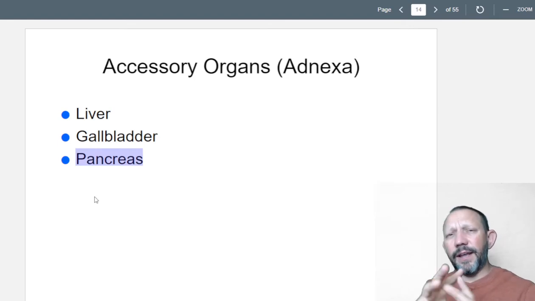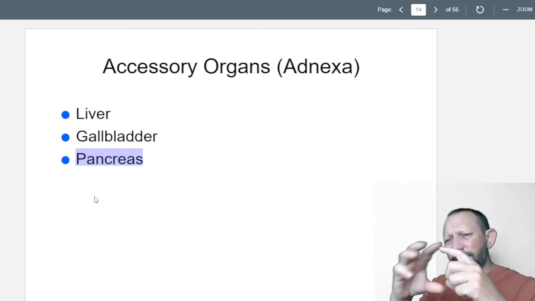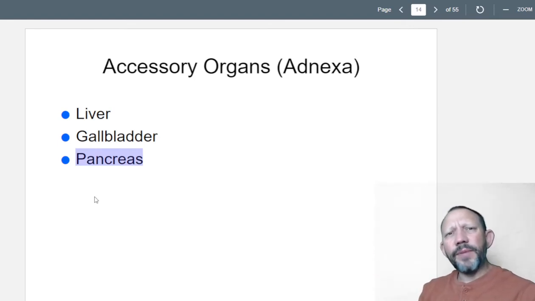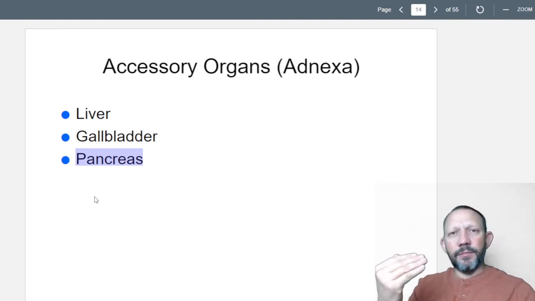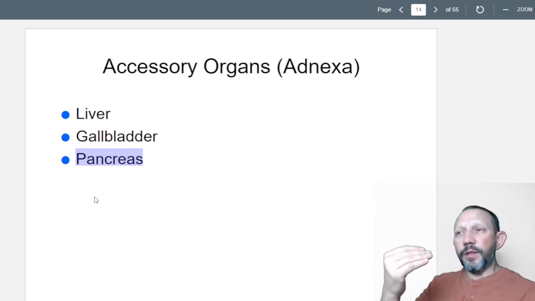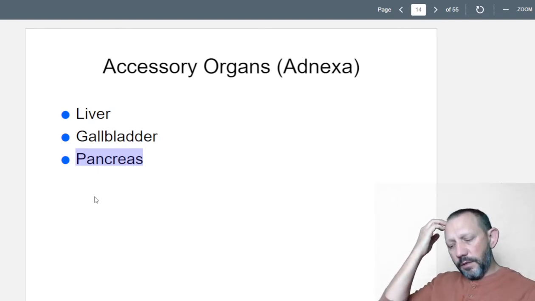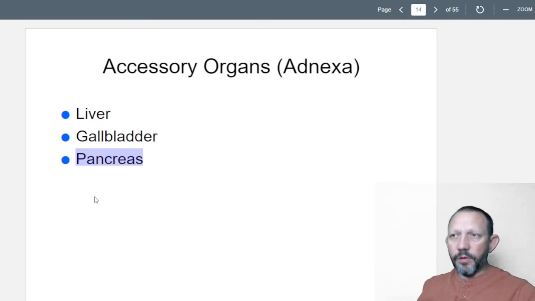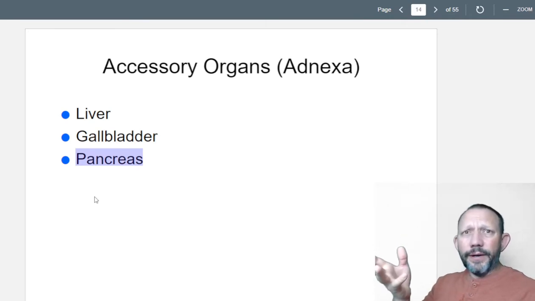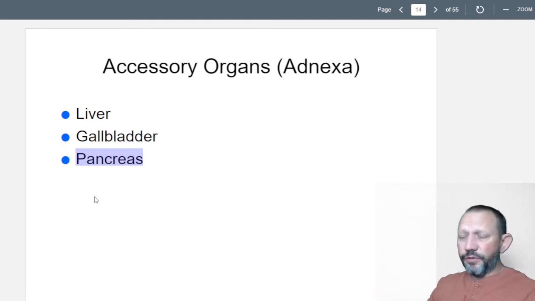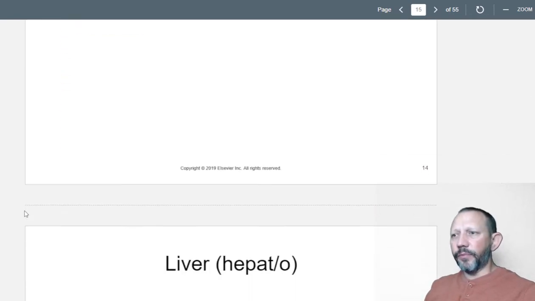It's a little fatty-looking thing, a long triangular shape attached to the duodenum. It joins up with the gallbladder, the vesicle is what it's called. Vesiculitis would be like gallbladder or bladder inflammation, cholecystitis. Those kinds of things.